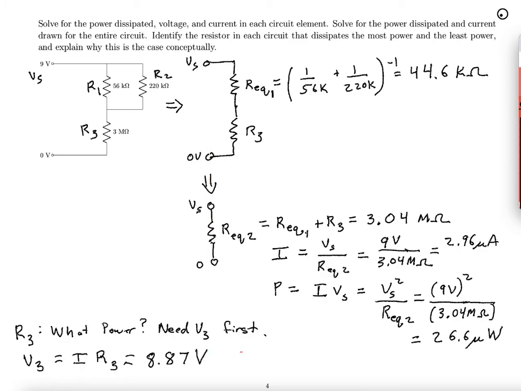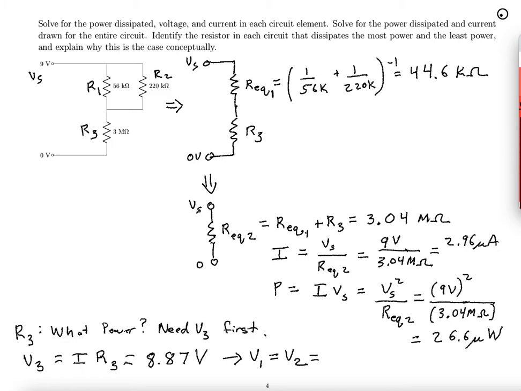From this then we can figure out quite easily what is the voltage drop across R1 and R2. So V1 is going to be equal to V2. They're connected to the same voltage on each side.